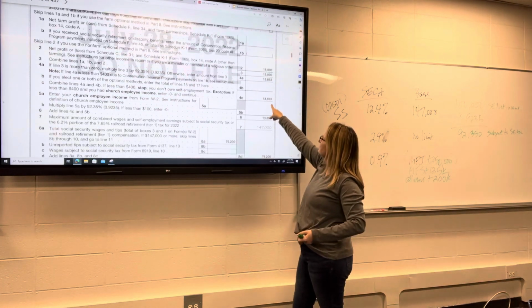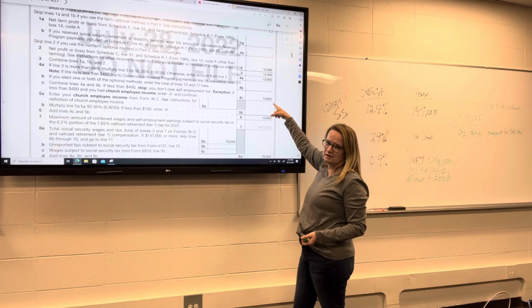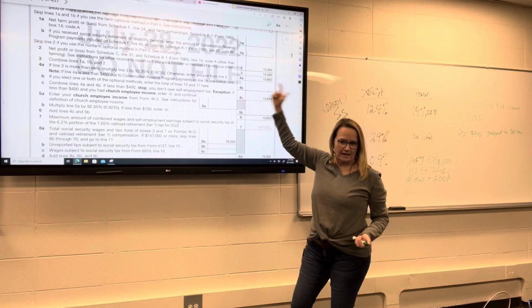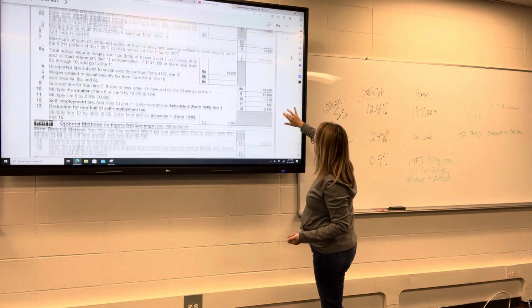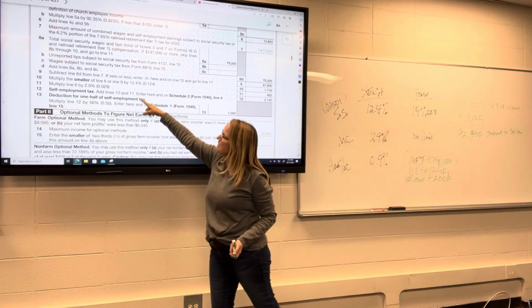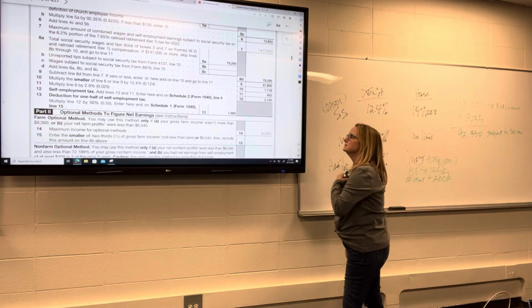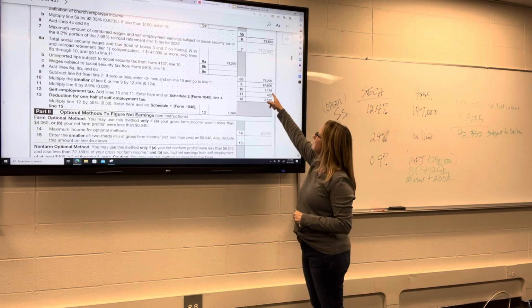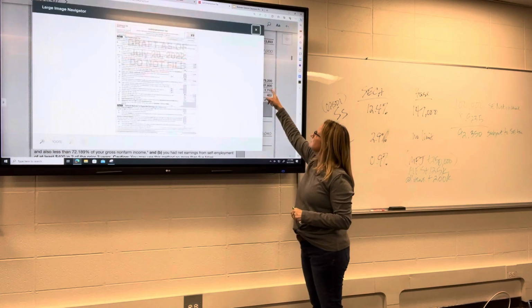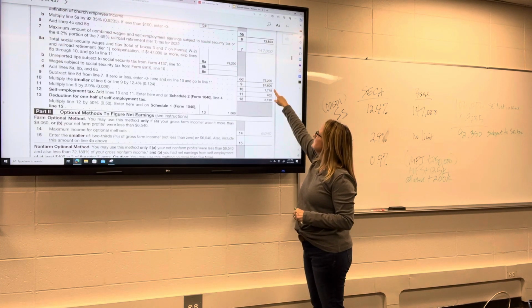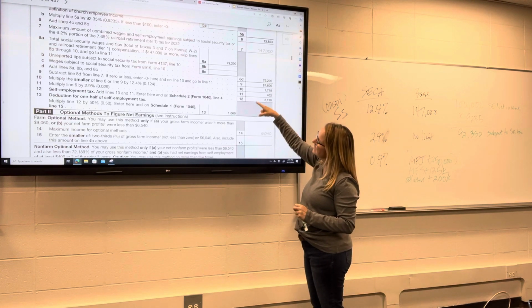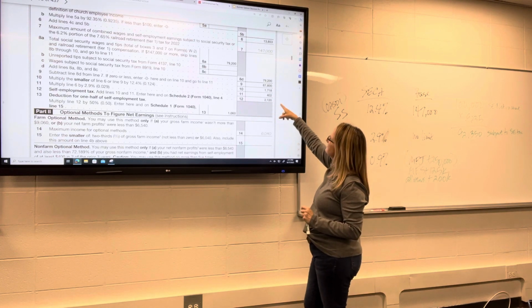Well, we had 13,853 of self-employment income, so we're nowhere near that wage base in this example. So multiply the smaller of line 6 or line 9 by 12.4%. So whichever is smaller of those.